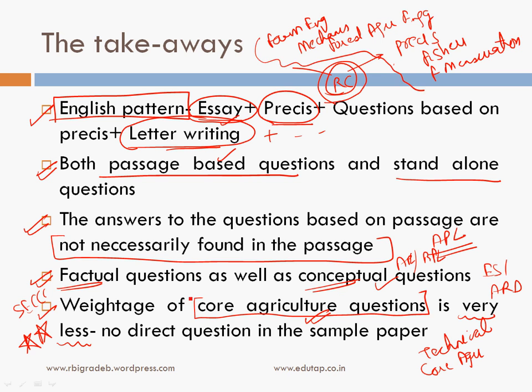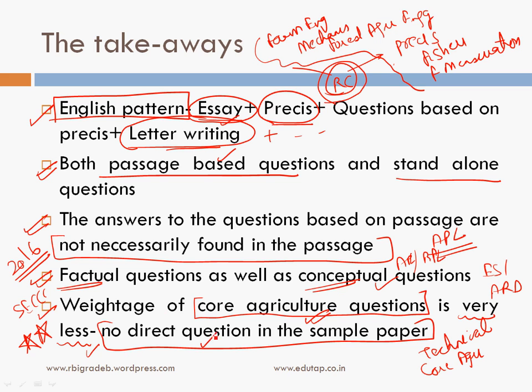As you can see in the sample paper, and as I'll be discussing in a further video, I'll be taking up the actual questions that were asked in 2016, right, memory based. So you will be able to recognize that the weightage of the core agriculture questions is very less. In fact, in the sample paper there is no direct question on any core agricultural topic. Fine.